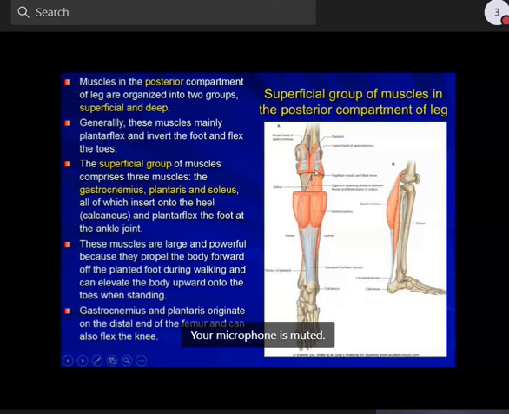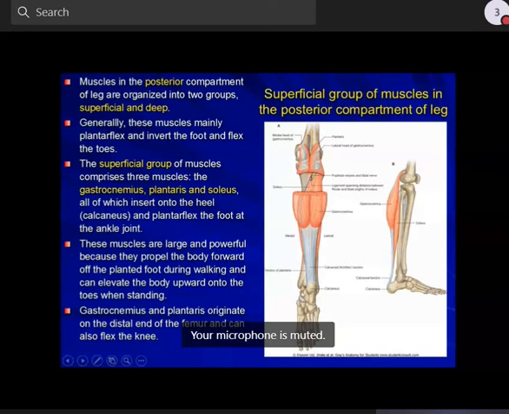But soon afterwards, it forms a very long silver tendon that imitates a nerve. The plantaris tendon joins the Achilles tendon on its medial aspect and ends in the calcaneus.